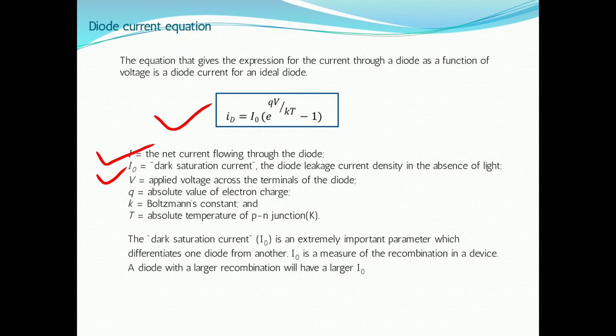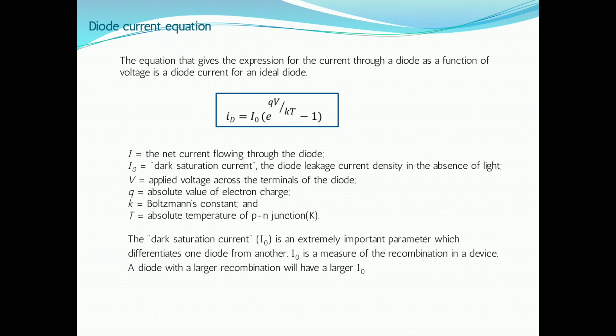What is reverse saturation current? It is an extremely important parameter which differentiates one diode from another, and I0 is a measure of the recombination in the device. A diode with larger recombination will have larger I0.